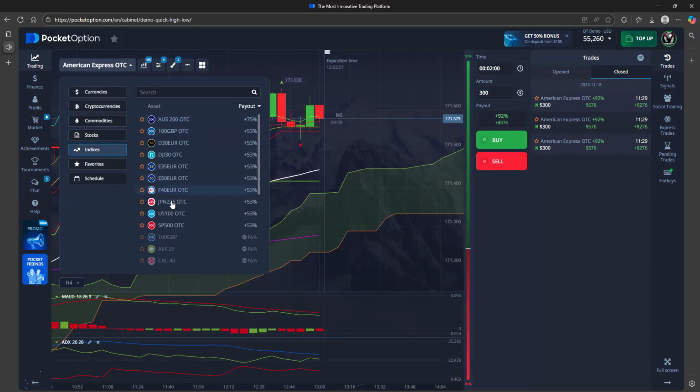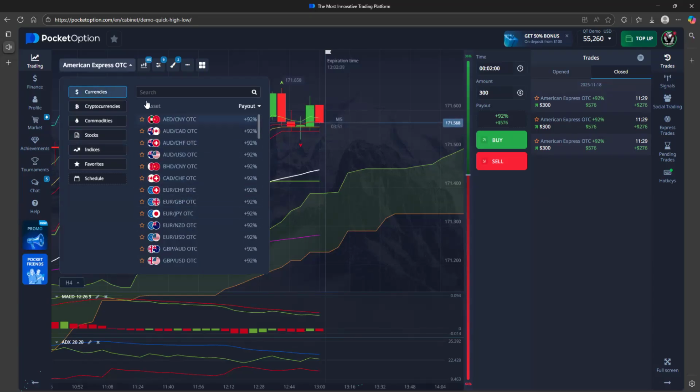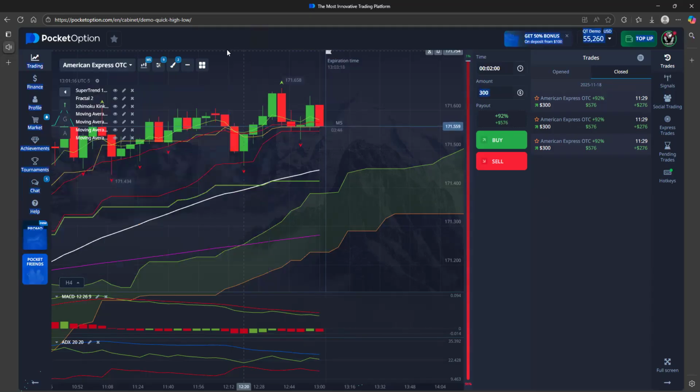Indices. And by the way, these are indices all over the world. I could trade all this stuff. So one of the good things is, I like to trade these things on the weekends because I trade so many other things during the week.